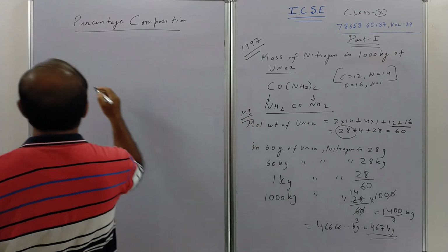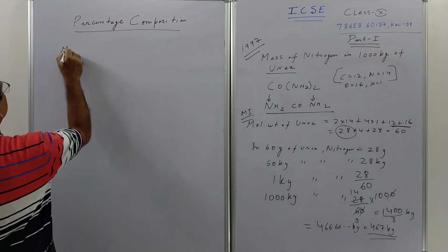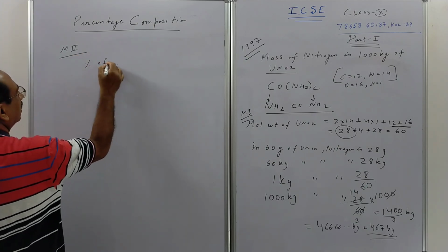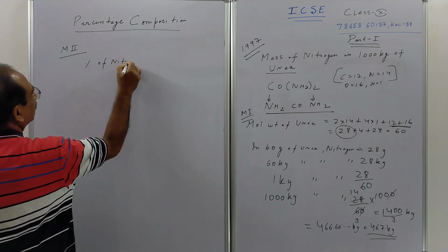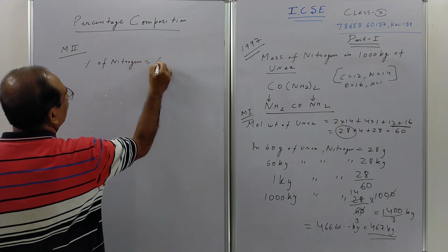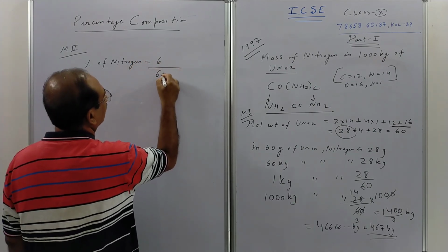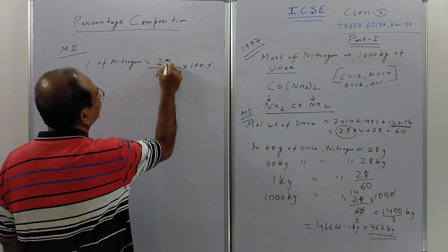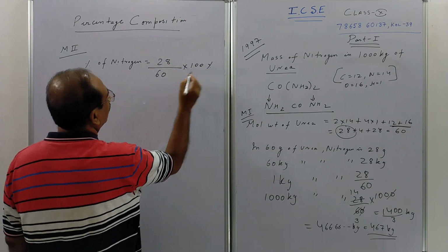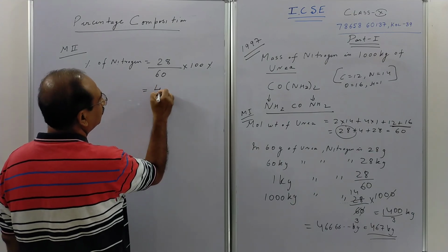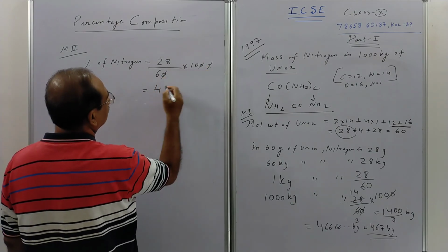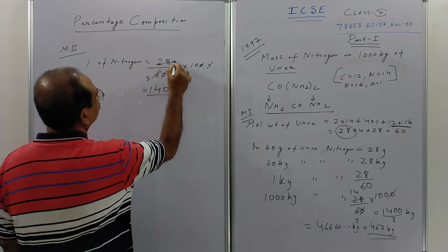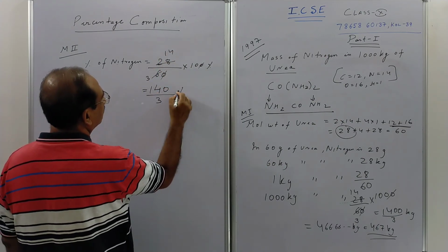So method 2 will be, we use percentage. Percentage composition, see, I use that idea. Percentage of nitrogen is 28 out of 60. So this, if you find, children, this will cancel. You will get 140 by 3%.